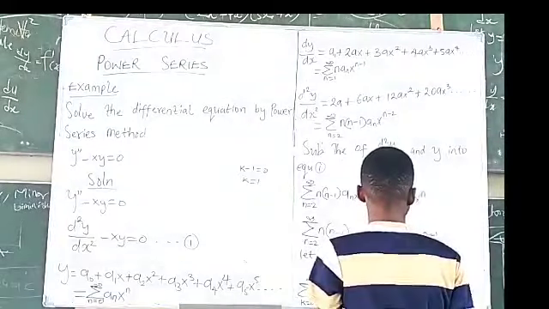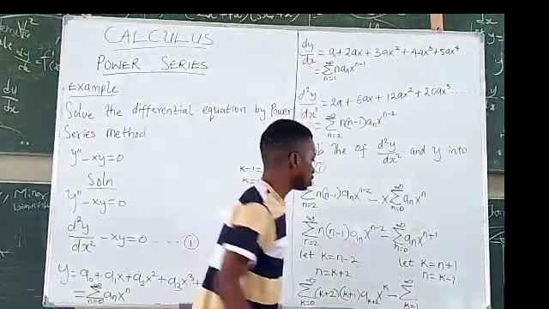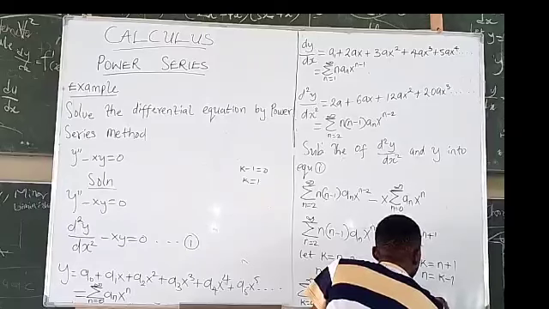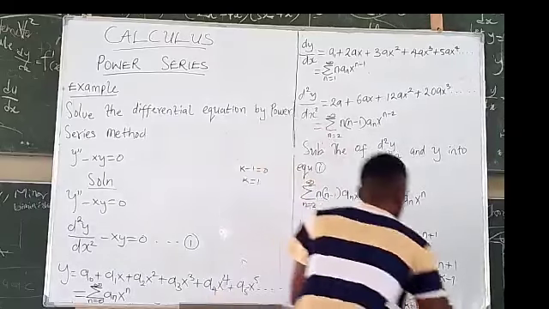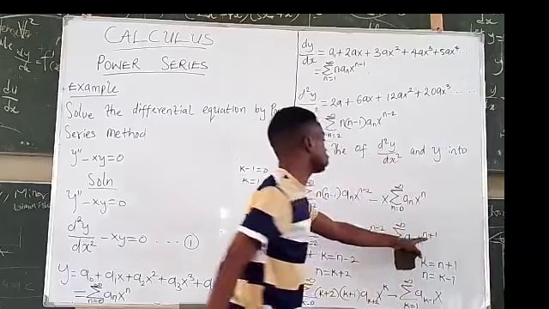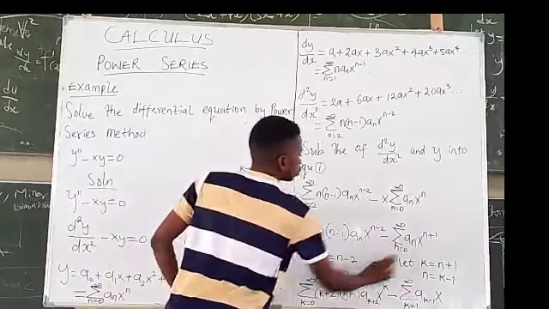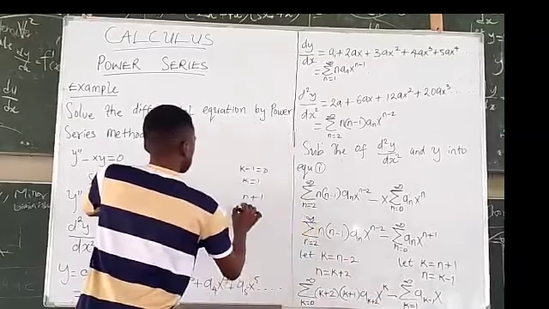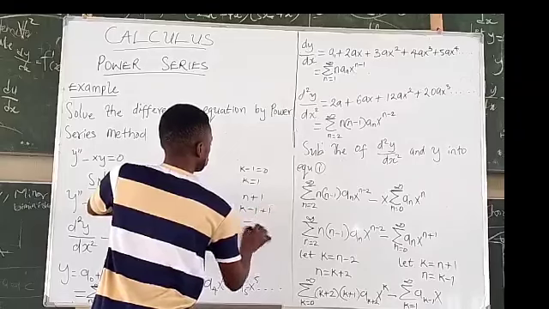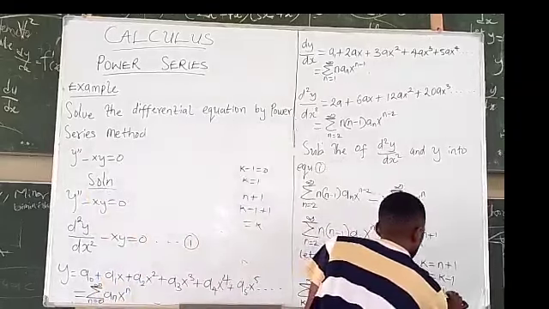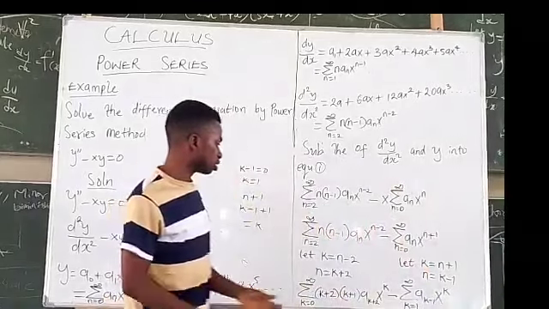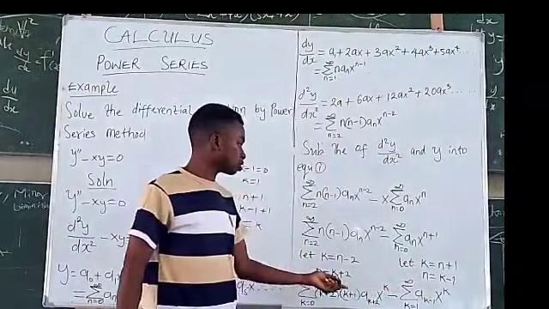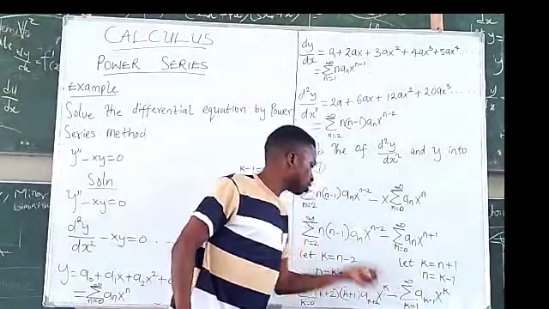Then from this place, we see that our a, and we say our n should become k minus 1, multiplied by our x to the power n plus 1. Let's substitute the value of n: k minus 1 plus 1, which is k. Therefore, here becomes k. So we have succeeded in making the powers of x to be the same, k and k.